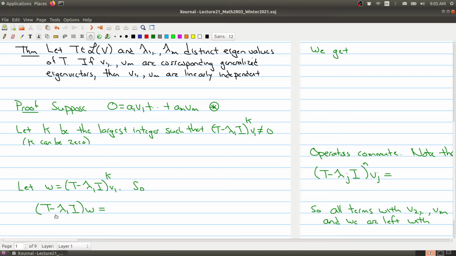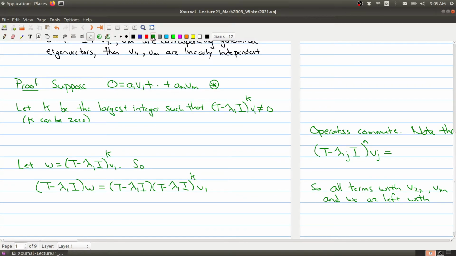If I apply the operator T minus lambda 1 I to w, this is the same as (T minus lambda 1 I) times (T minus lambda 1 I) to the k times v1, which is (T minus lambda 1 I) to the power k plus 1 times v1, and this has to be 0, because we took k to be the largest exponent before it becomes 0.